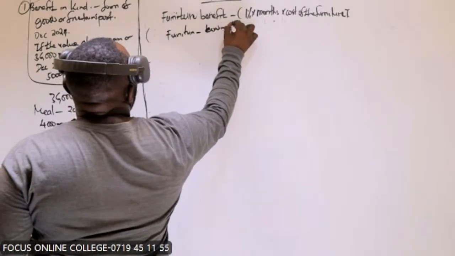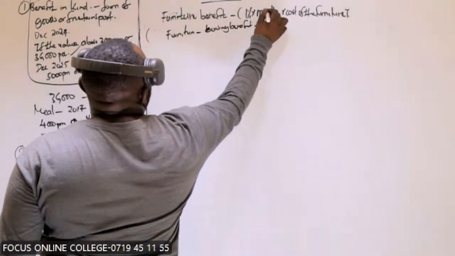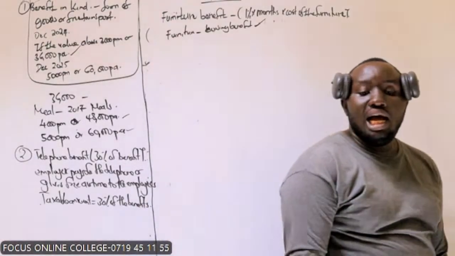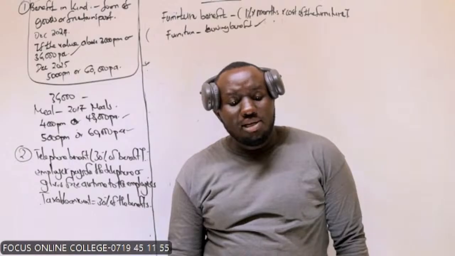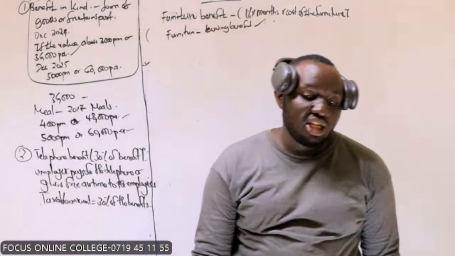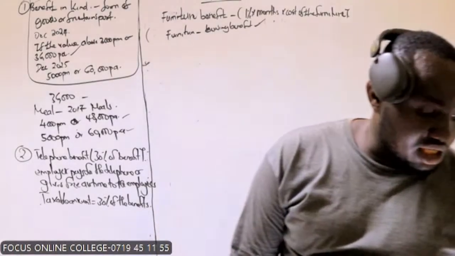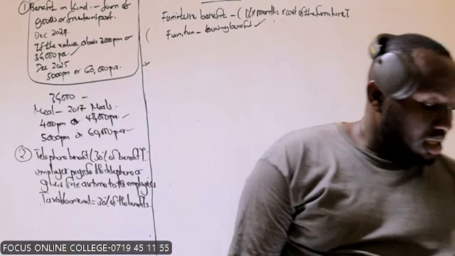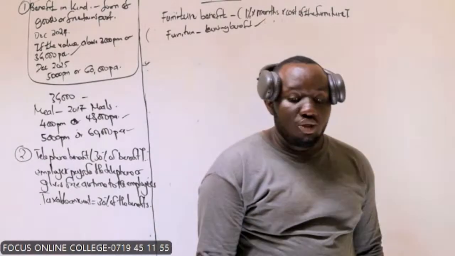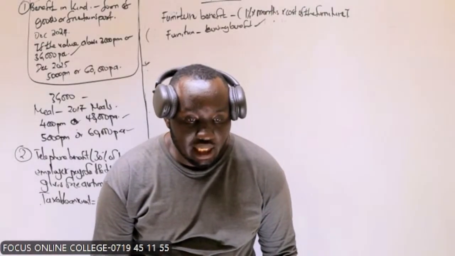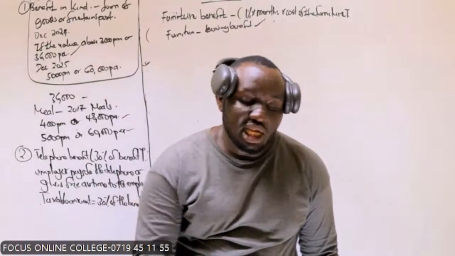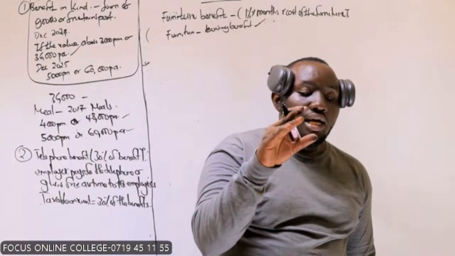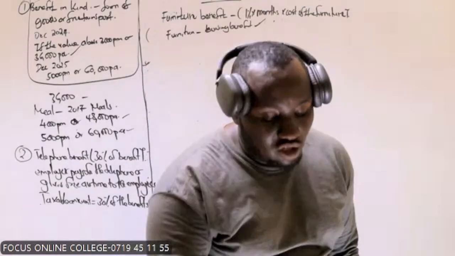In most cases, you'll always find a housing benefit together with it. You'll always find housing benefit attached to those questions. You are basically housed, and you've also been provided furniture together.